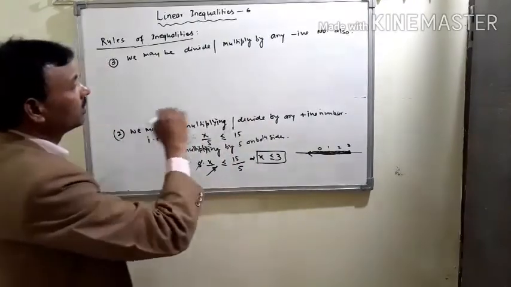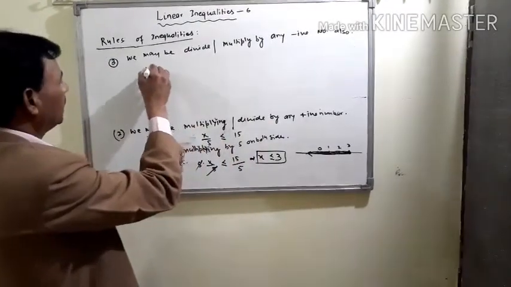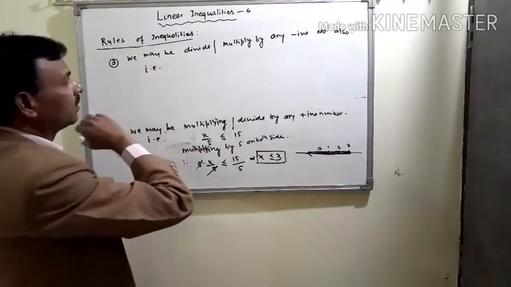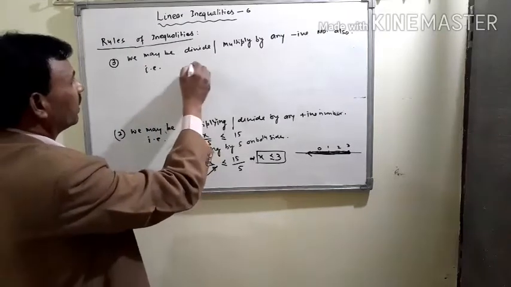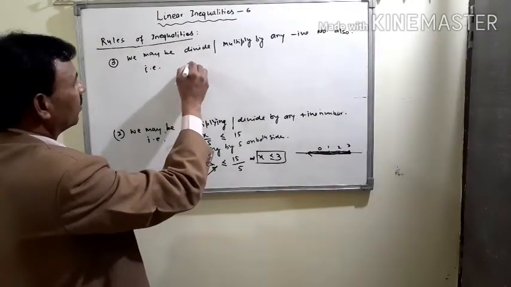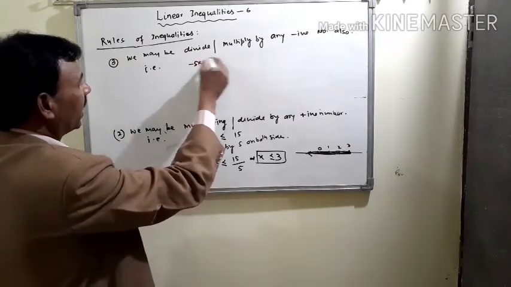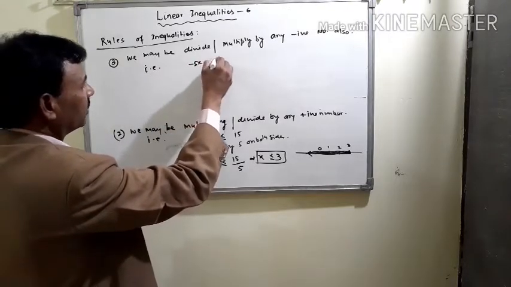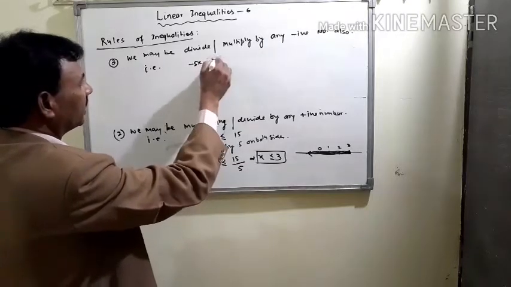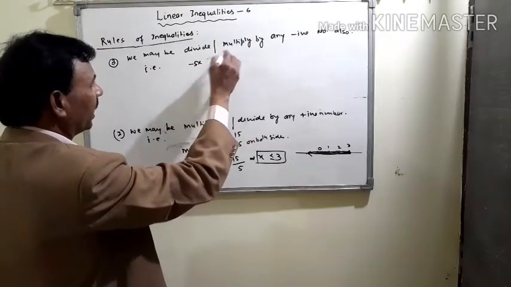So if we take an example, suppose minus 5x is greater than or equal to 5.